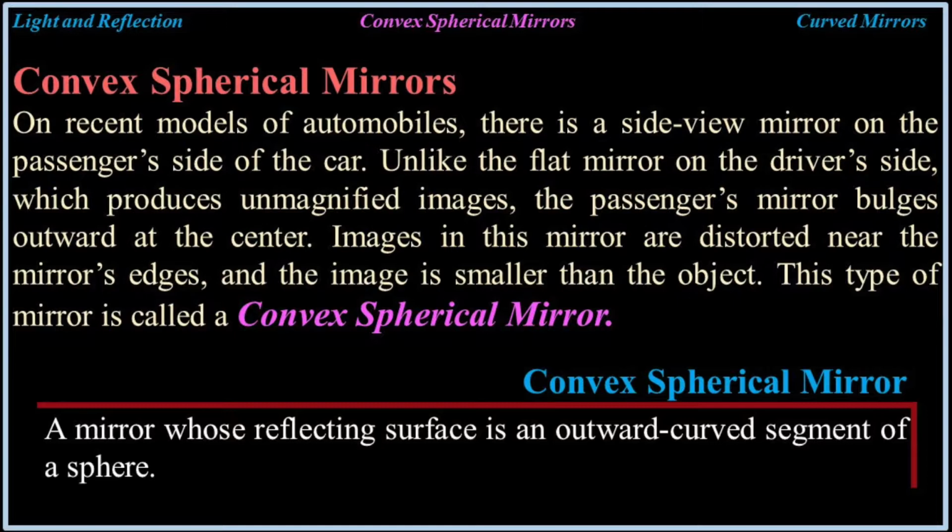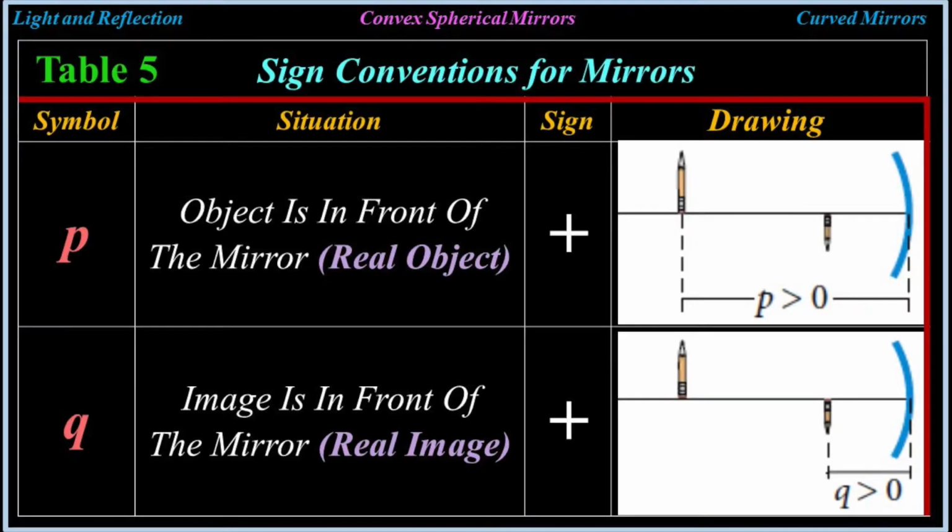Images in this mirror are distorted near the mirror's edge, and the image is smaller than the object. This type of mirror is called a convex spherical mirror. Convex spherical mirror: a mirror whose reflecting surface is an outward curved segment of a sphere. Sort of like the opposite of the concave mirror.